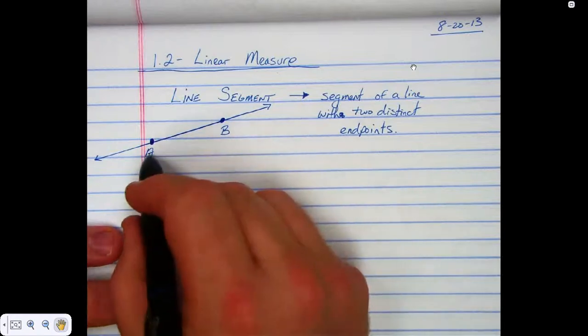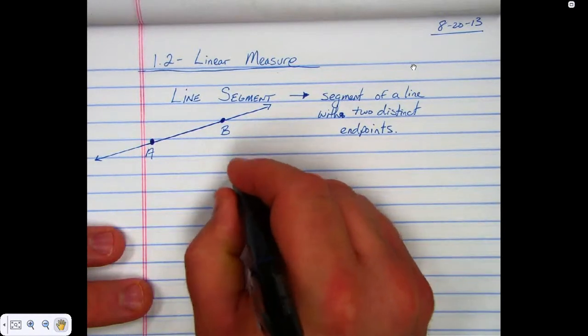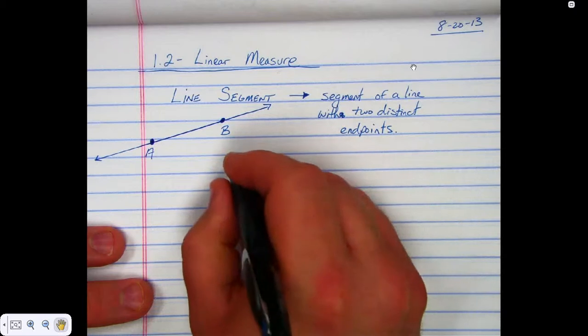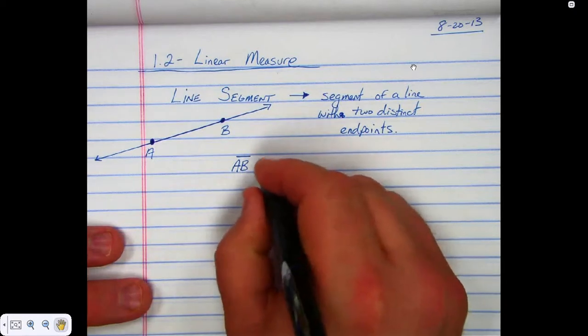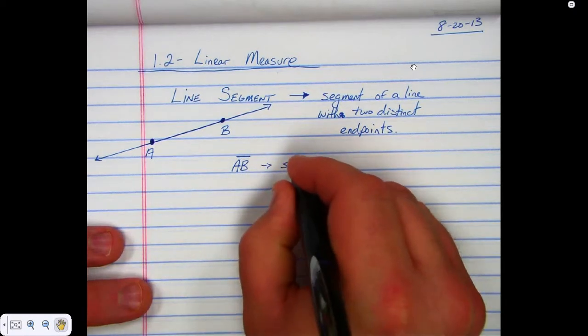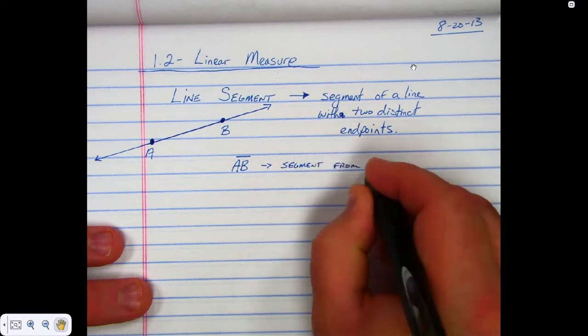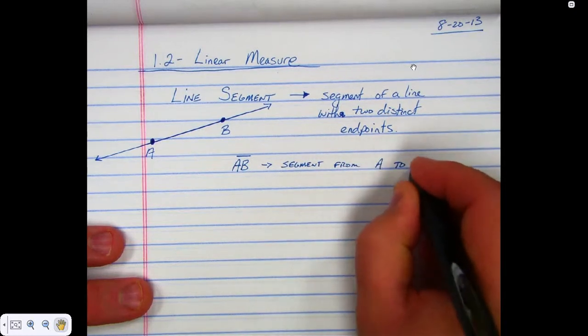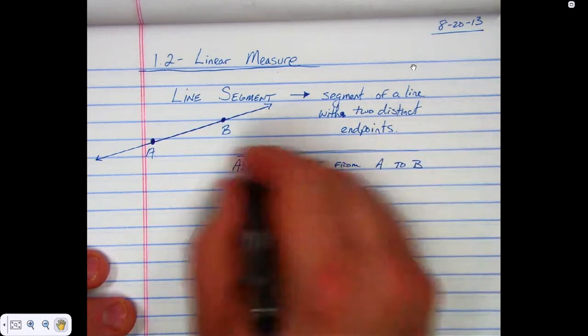So if I wanted to just talk about from here to here, I would talk about AB, segment AB, but I can't leave it blank. I have to put a segment bar up above it. If you notice, what's not on the end of that segment? Arrows. That means segment from A to B. Okay?